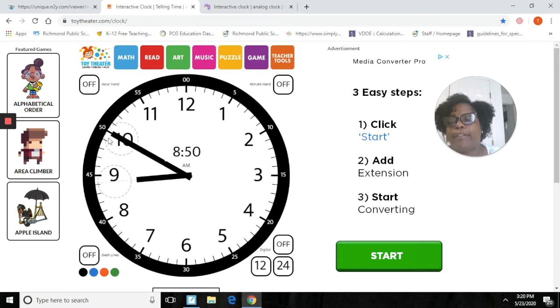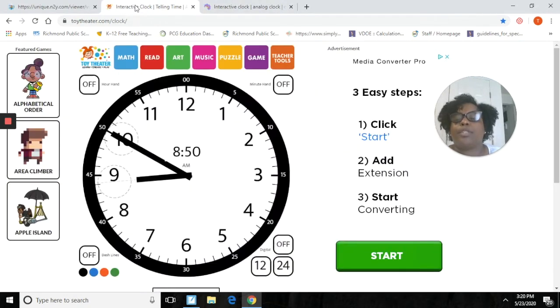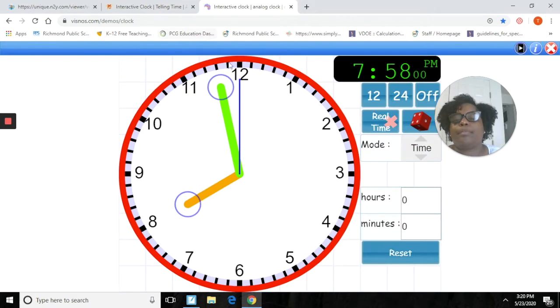And it is 8:50. Now, with this particular clock, it's going to give you the digital time right here, which I did not realize. So let's go over to this one over here. Now, on this particular clock, let's go back. You see how we have our numbers? It's not going to be on this one, so we're just going to pretend like our numbers are here.